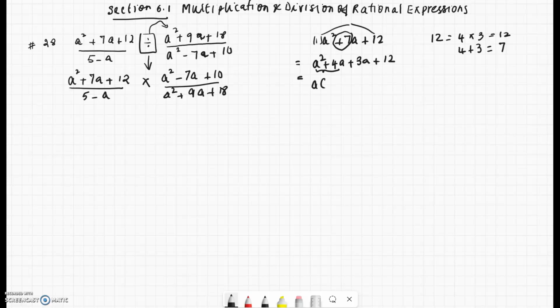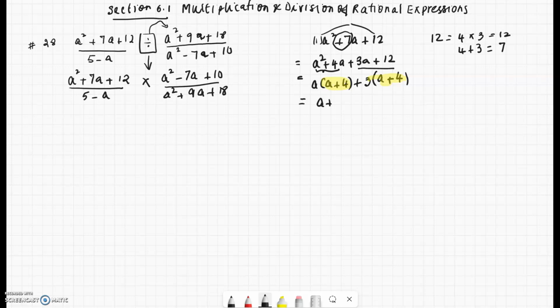Next, we factor by grouping: a plus 4 when we factor out the a. The common factor between 3a and 12 is positive 3. So plus 3, and 12 is 4 times 3, so you have a plus 4. This is equal to, the common factor is a plus 4.